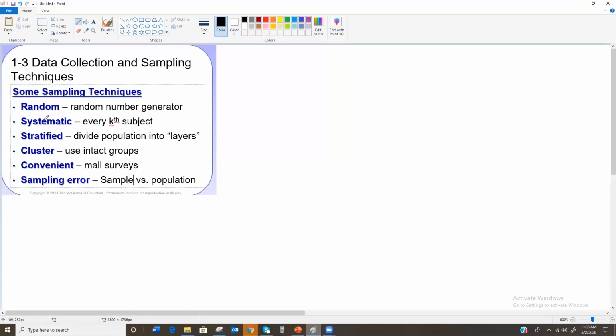Systematic sampling is when you pick every kth subject. What's a kth subject? That means you can put any number in there you want. So you could pick every 10th. Let's say you want to look at the colors of the cars in the parking lot, which is empty right now because we're all at home.